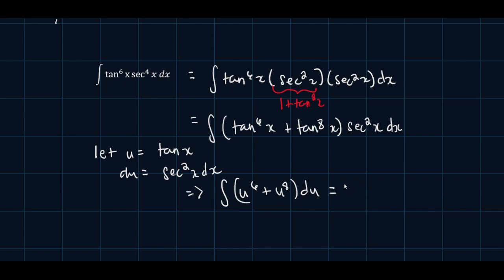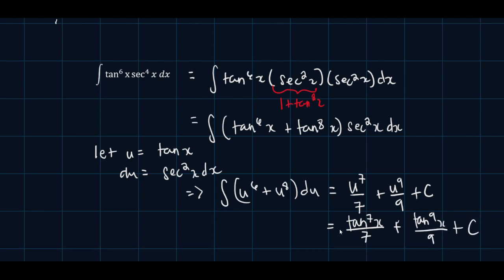Applying the power rule, we have u to the 7 over 7 plus u to the 9th over 9 plus c, and rewrite this in terms of x. Since u is equal to tangent x, so this is tangent to the 7th x all over 7 plus tangent to the 9th x all over 9 plus c.